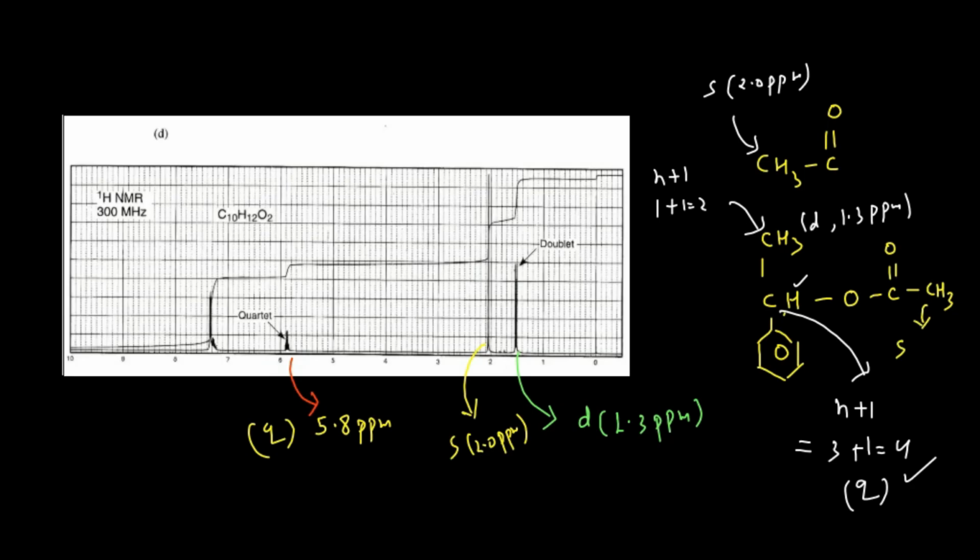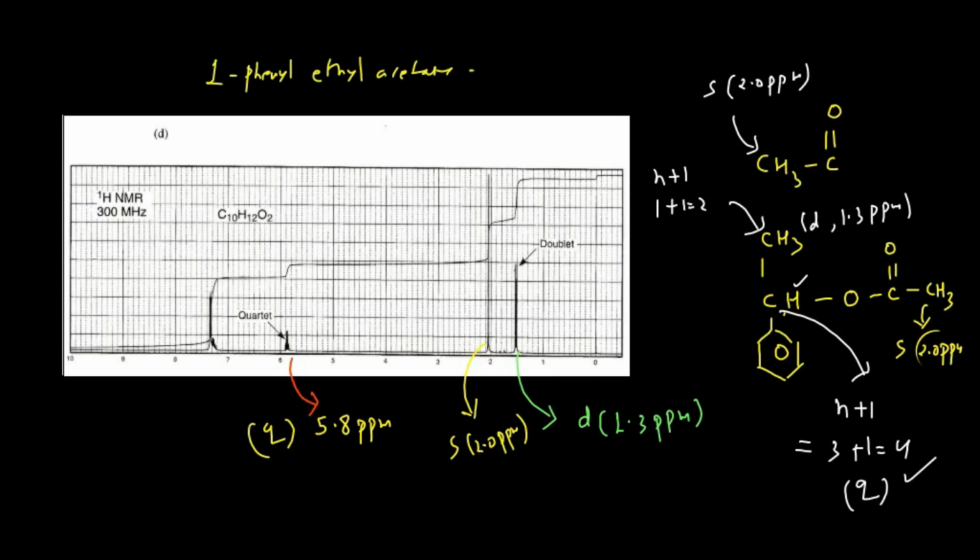I'm writing singlet at 1.5 ppm, somewhere around 1.5 ppm. Let me correct it. This is at 2.0 ppm. I'm sorry, I made a mistake. So this signal is for this particular one. Carbon number 1, so 1 phenyl, and then your ethyl acetate, 1 phenyl ethyl acetate.